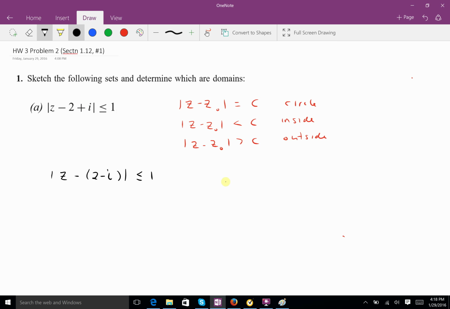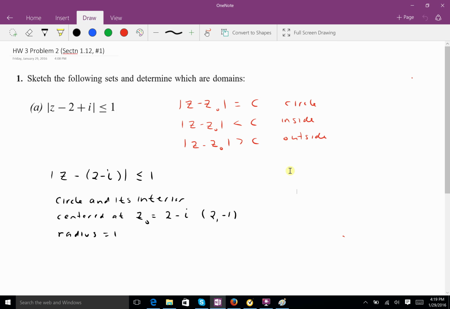So this tells us that this is a circle and its interior, and the circle is centered at z₀ equal to 2 - i, or I could write this as (2, -1) in the complex plane, and the radius is equal to 1. So let's go ahead and draw what that would be, okay?